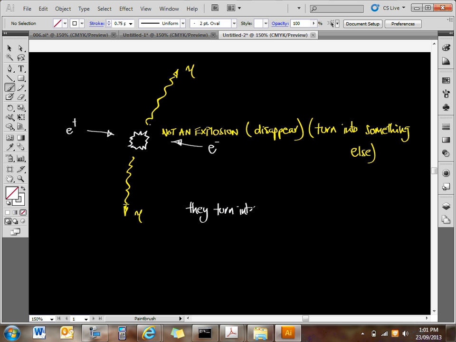Turn into 2 gamma ray photons. Well, that's the only one I want you to know at the moment. All right, yeah. They turn into gamma photons.